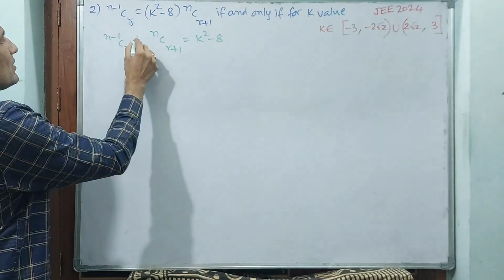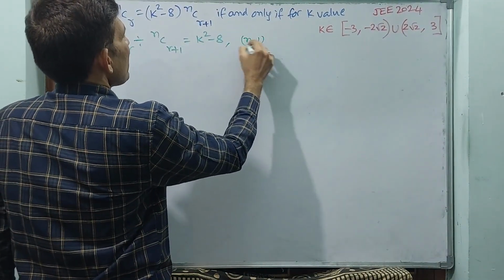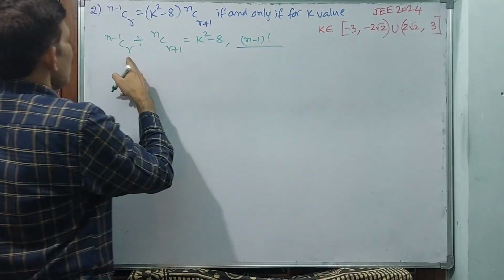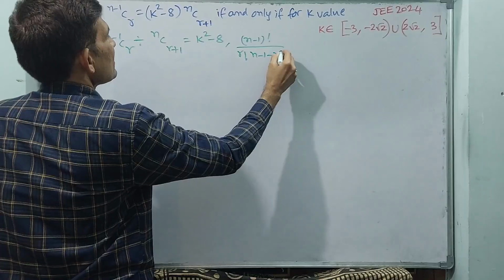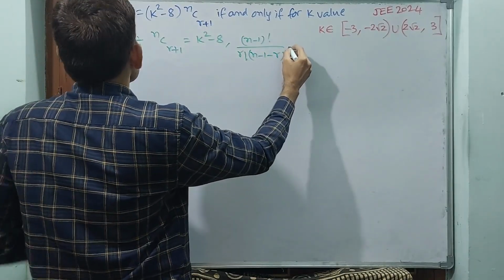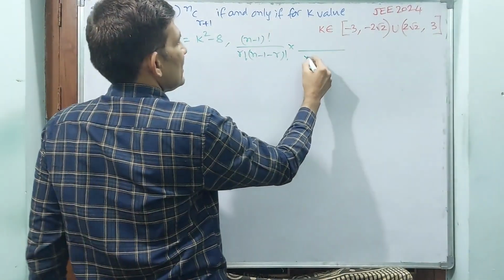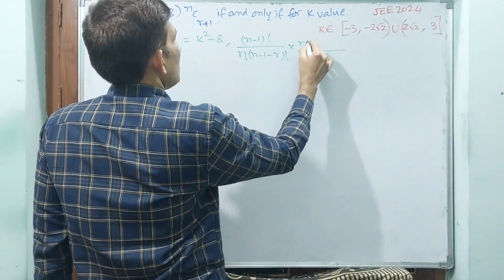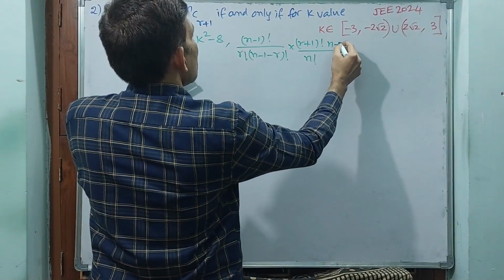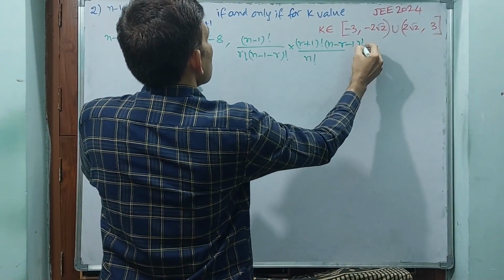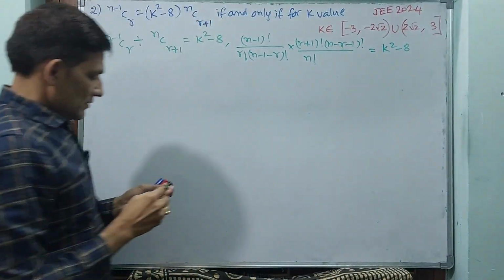Now see, (n-1) factorial by r factorial into (n-1-r) factorial, divided by, here the denominator has to come, n factorial by (r+1) factorial into (n-r-1) factorial. This is equal to k square minus 8.